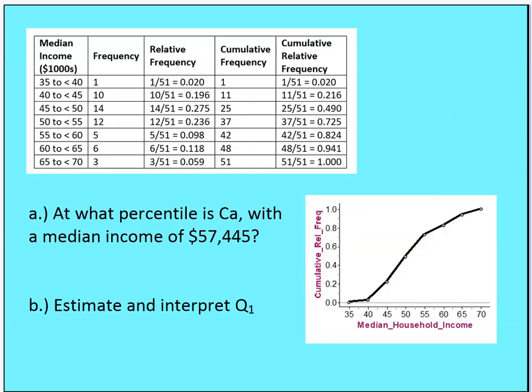All right, so this brings us to our next classwork problem, 2.1.2. Here is a list of the frequencies and cumulative relative frequencies of income.